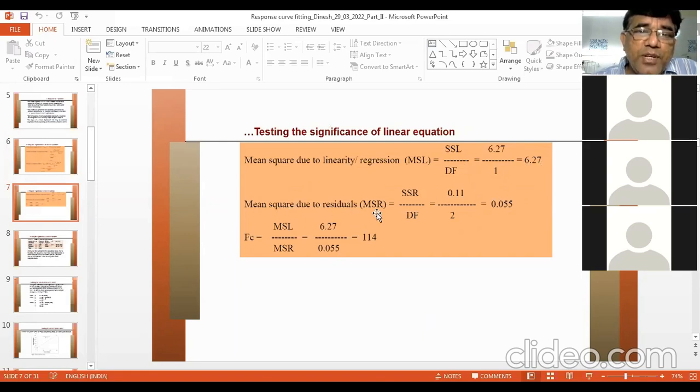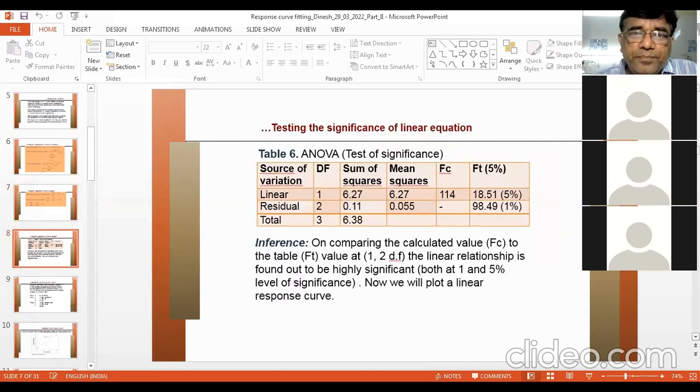The mean square due to residual, or error, is the sum of squares due to residual divided by its degrees of freedom, which gives 0.055. Now F calculated is the mean square due to regression divided by the mean square due to residual, and you get 114 as the value of F calculated.